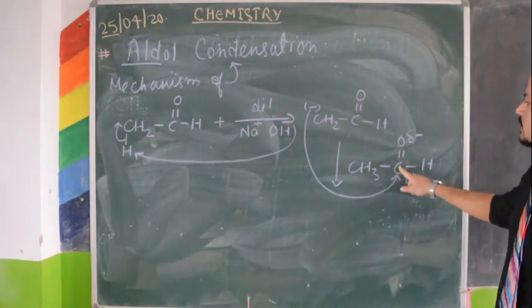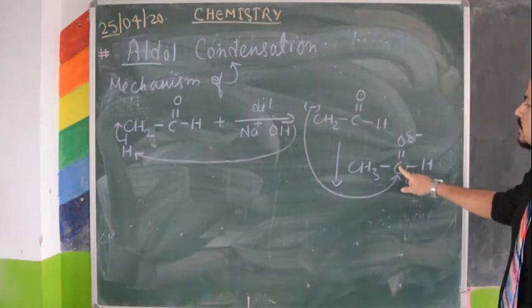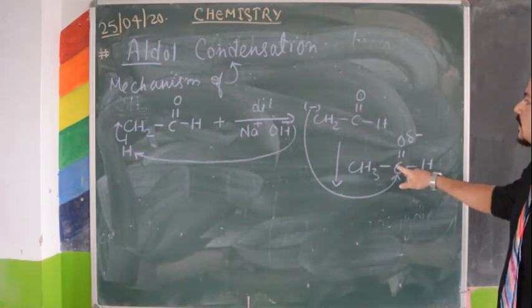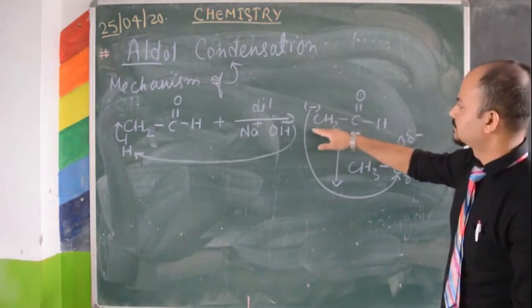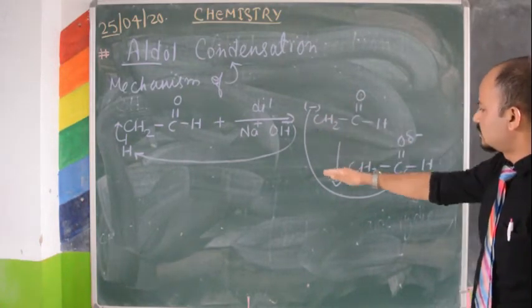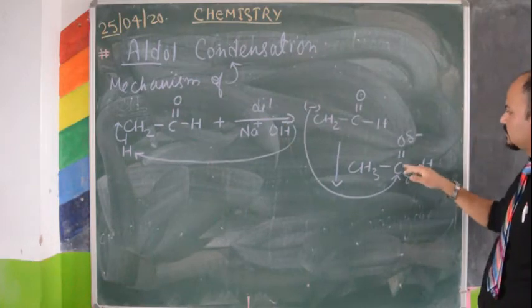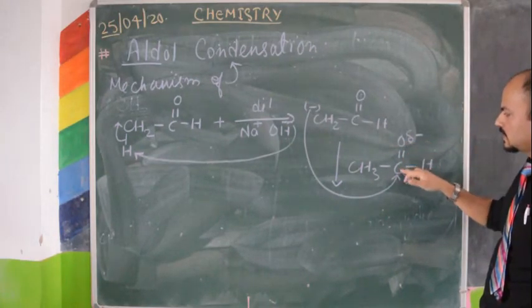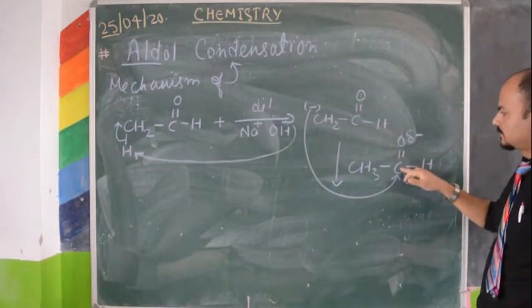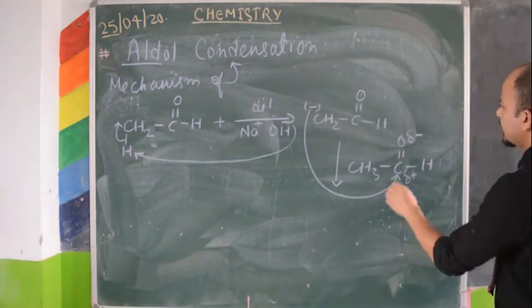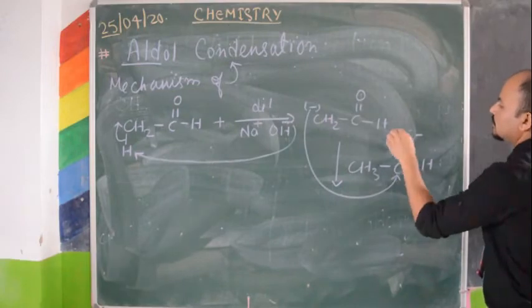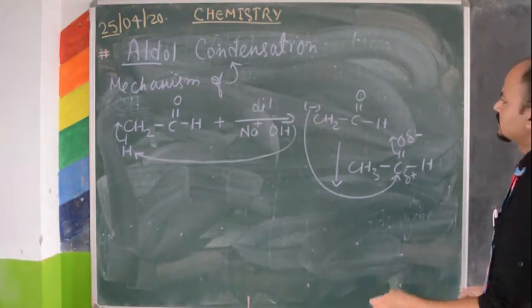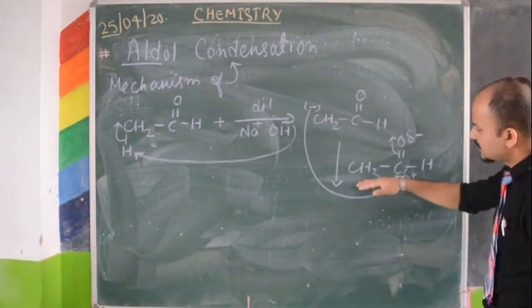Here, it's very important. Please look at it carefully. The alpha carbon of one molecule gets bonded with the carbonyl carbon, the carbon which contains C double bond O. And we get a condensed product. So let me start the compound from this side.